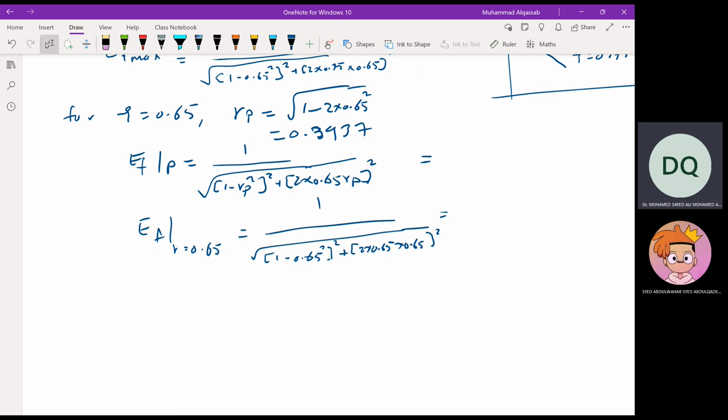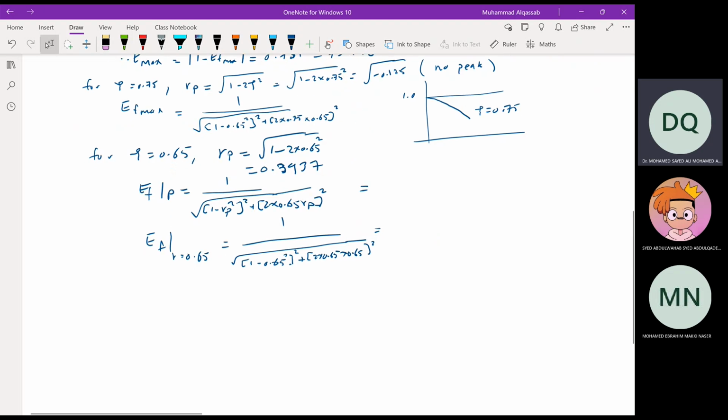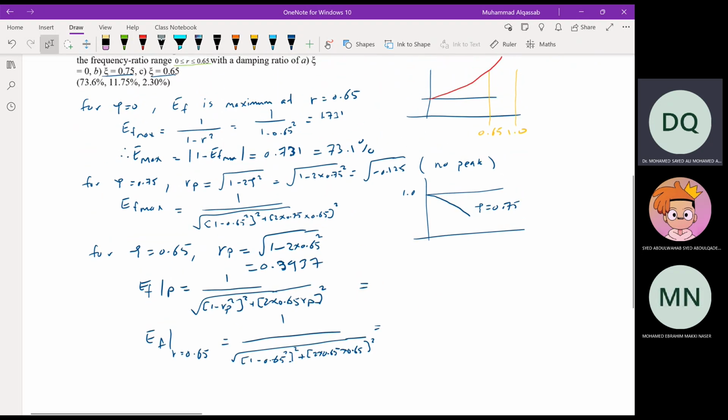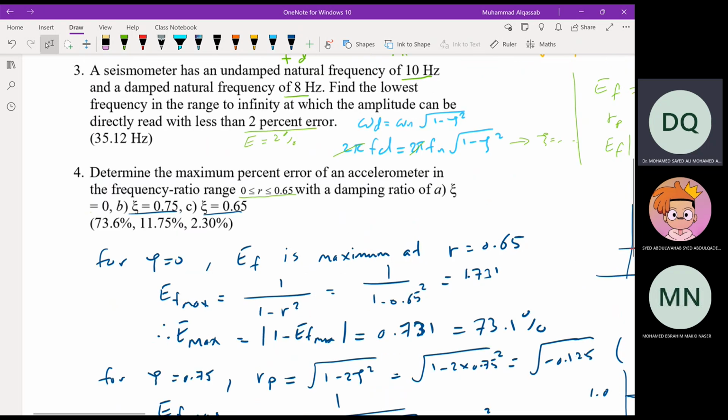Whichever is the maximum is the required answer. So you can complete those questions, and the answers are given, so you can check with the answers.